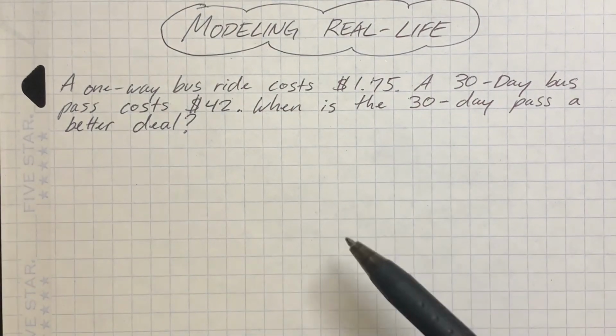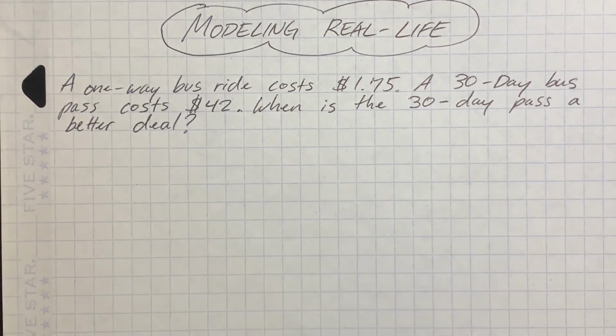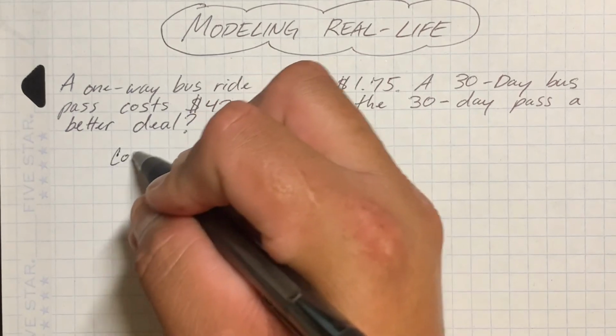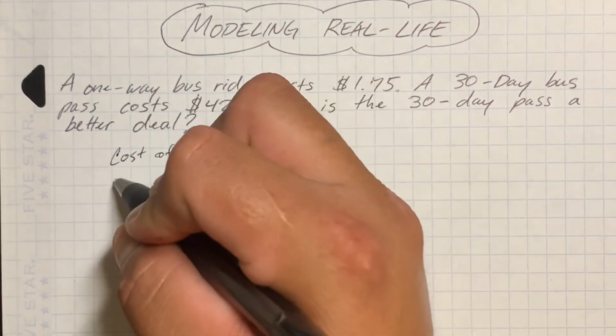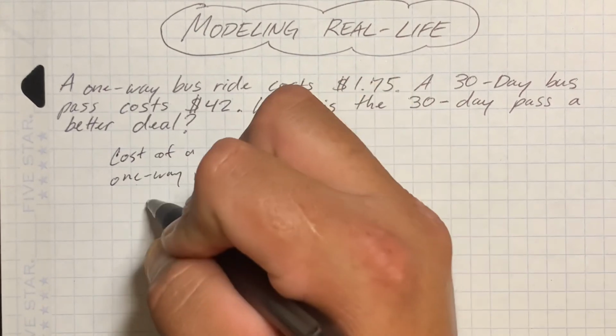So we had to make a plan. So for the pass to be a better deal, just know that the total cost of one-way bus rides in a 30-day period must be greater than the cost of the pass. So we could use a verbal model to write an inequality, and then we're going to solve the inequality. So let's use a verbal model. First of all, we have the cost of a one-way ride, and that's in dollars.